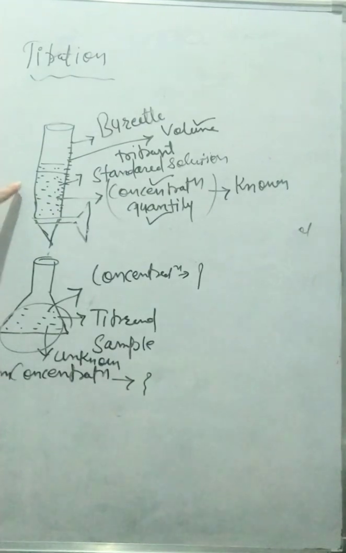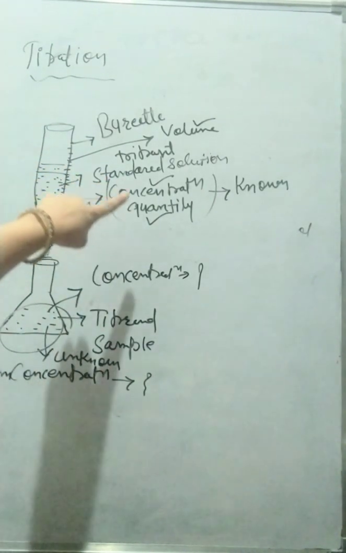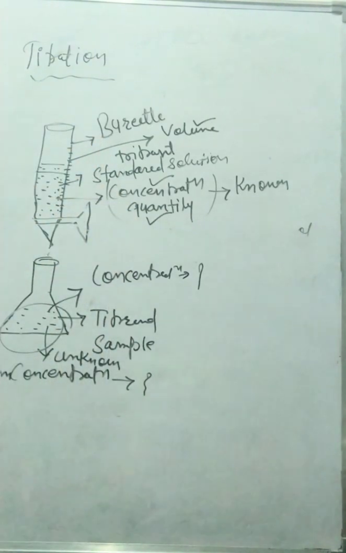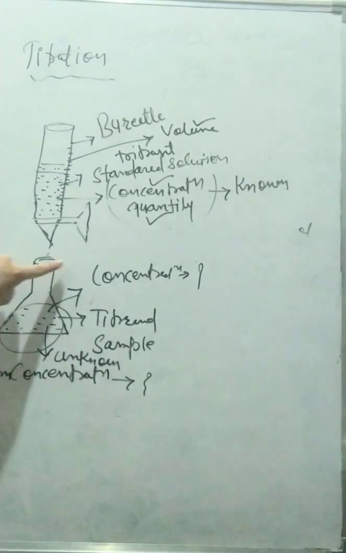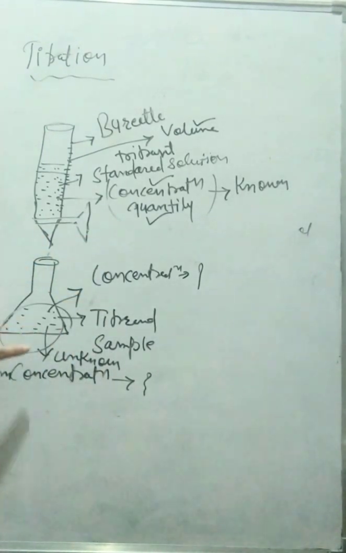We know the concentration, quantity and the volume. So this is called the known solution or standard solution. By that we have to measure the concentration of the unknown solution. So this is called the unknown solution. We don't know about the concentration. So this is the titration.